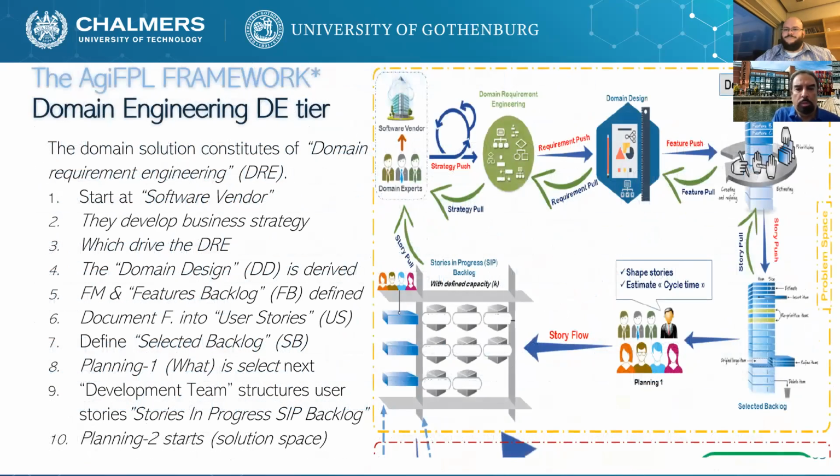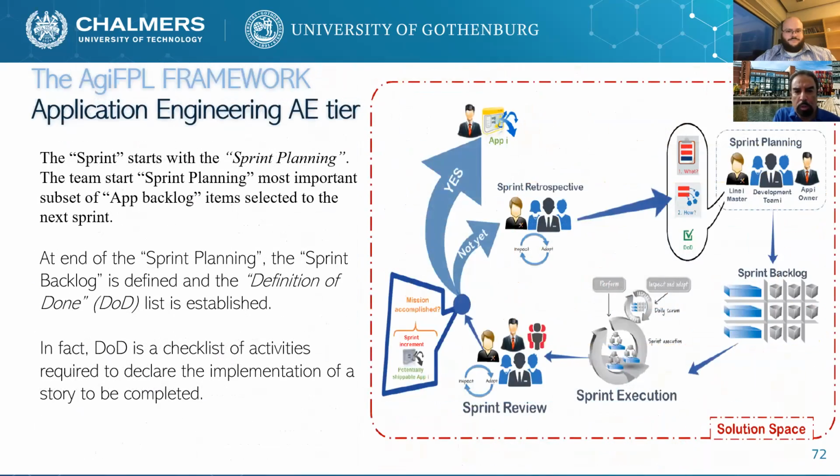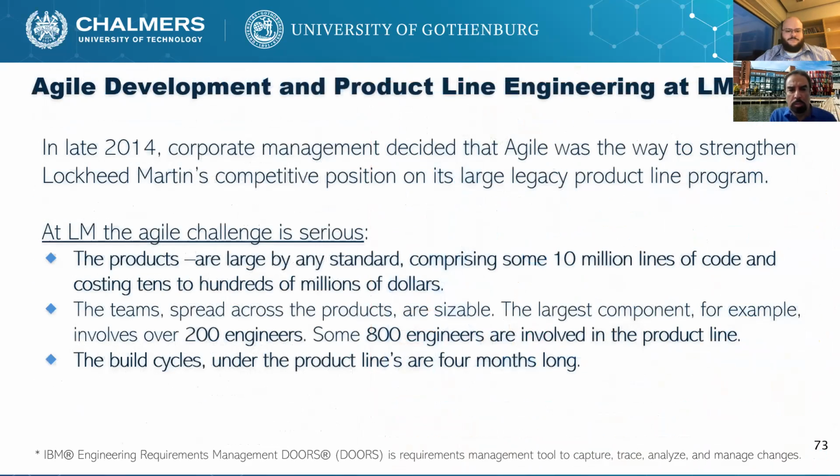This is what I want to say about the Agile framework as we use it. I also mentioned quickly here, I don't want to talk much about Lockheed Martin, but I mentioned that they have an issue of having big projects, big software running their systems. They have 200 engineers working on one product line, 800 engineers in total working on a complete product line.